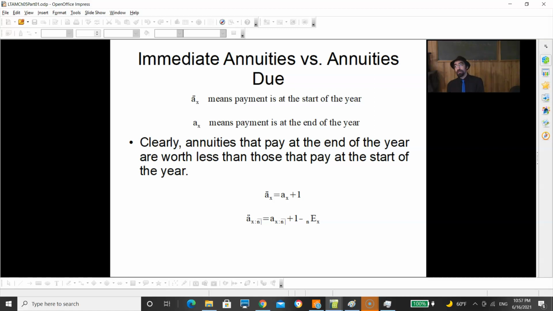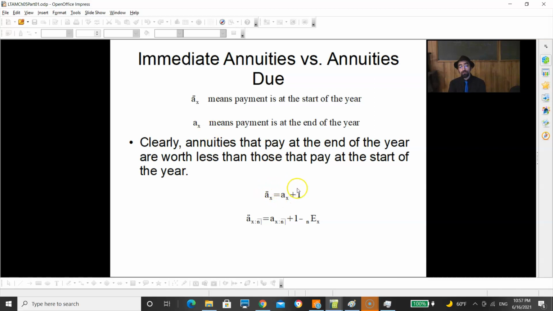Now, clearly, because payment is somewhat delayed, annuity immediate is worth a bit less. Both because payment is delayed and because there's a chance that you won't survive to the end of that year and you might not get payment. And the question is, okay, so A double dot X is worth more. How much more?